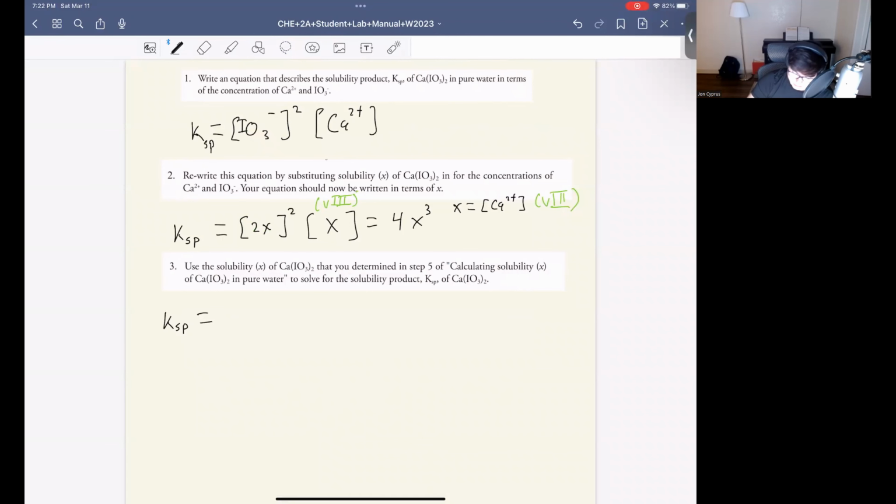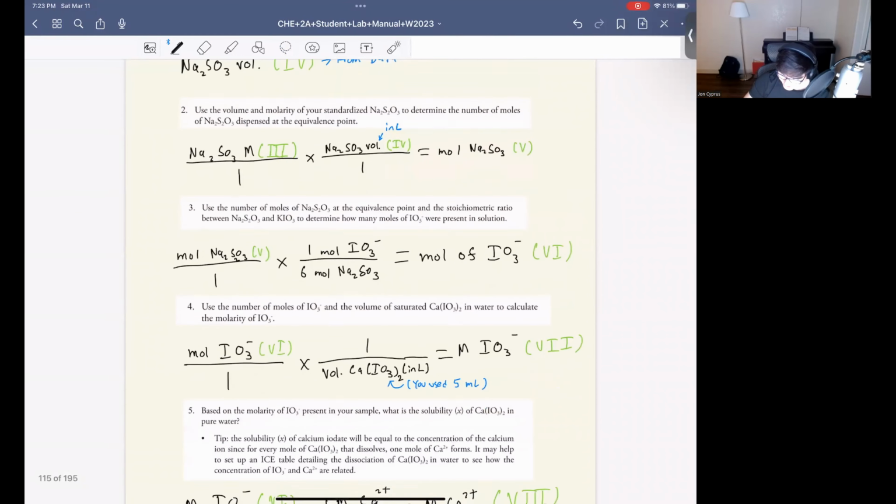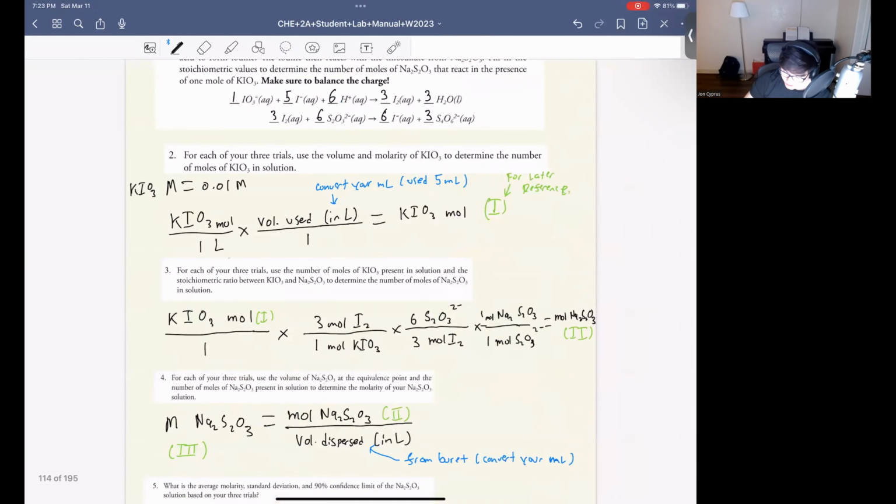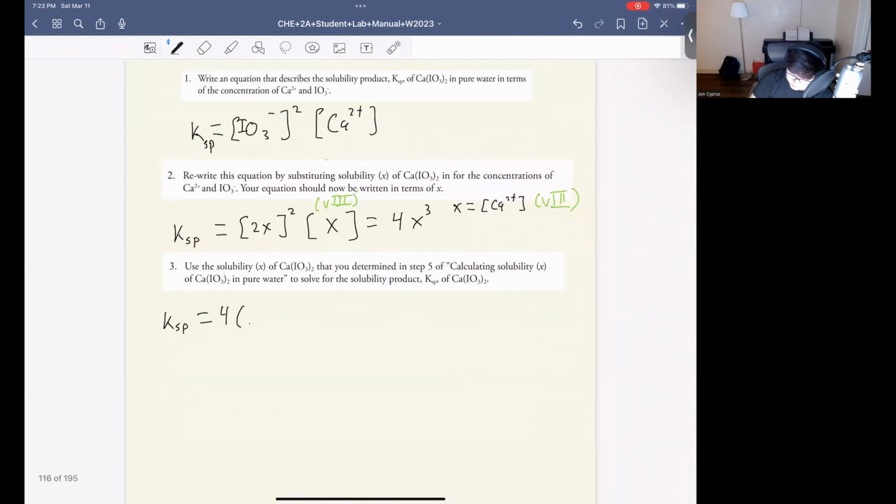All right, now we have this KSP. All we have to do is do 4 times the concentration of calcium. And I actually should have denoted all these concentrations with just brackets. I didn't think about it, but I will do that now. So 4 times the concentration of calcium 2 plus cubed. Again, this is from number 8.